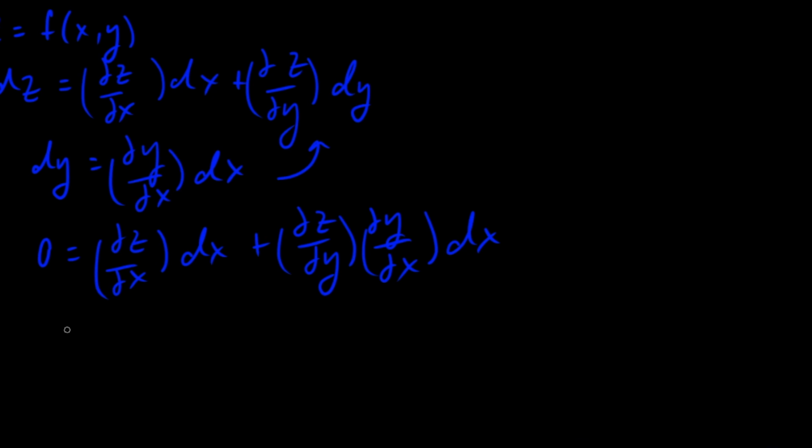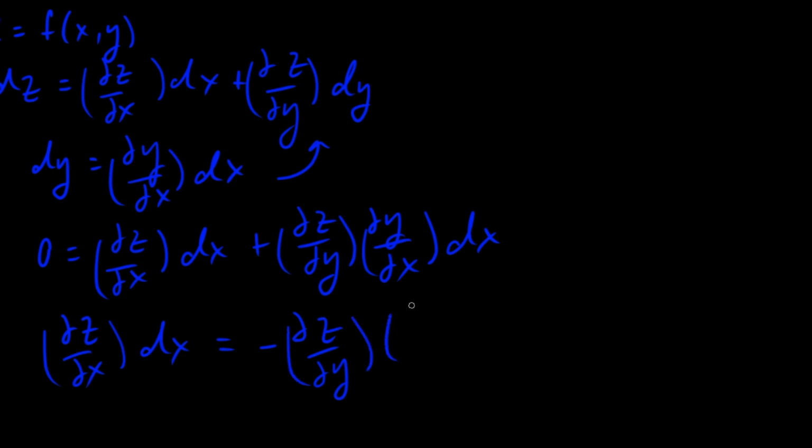Simplifying, we would get partial z over partial x dx equals negative partial z over partial y times partial y over partial x dx, and then we cancel these out. Rearranging things more, we can shift the things on the right to the left.